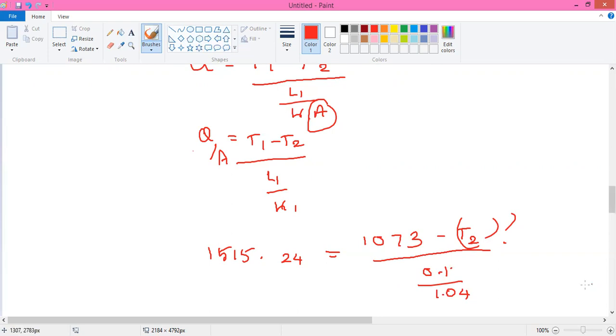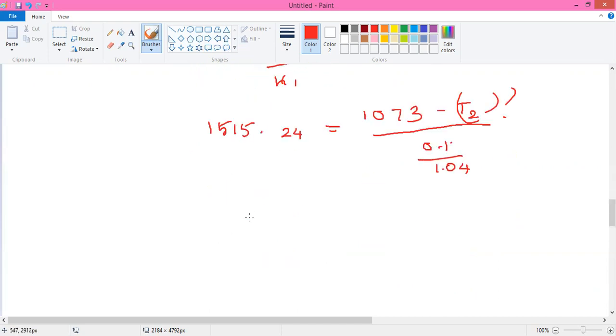We solve the equation and get T2 nearly 927 Kelvin. Units are very important. We put the temperature in Kelvin, so we get the other temperature in Kelvin. So 927 Kelvin is the T2 temperature.